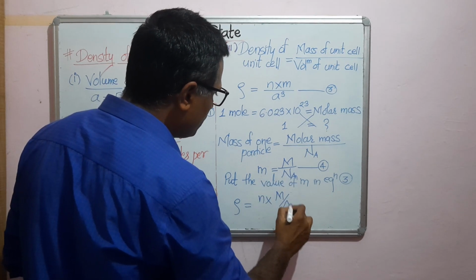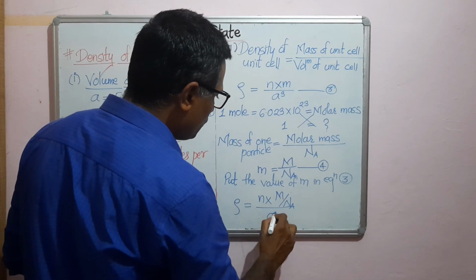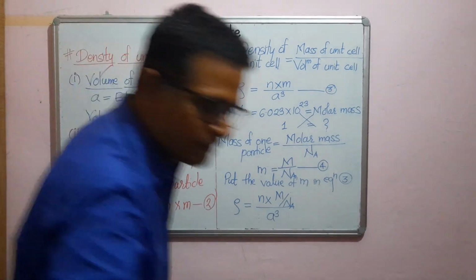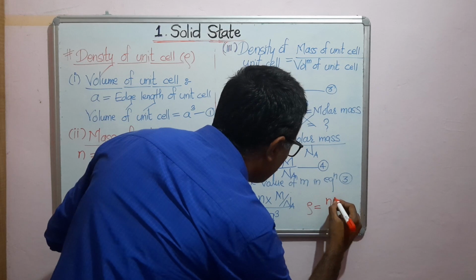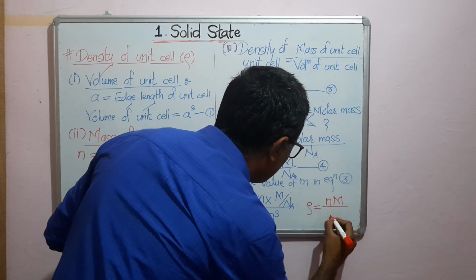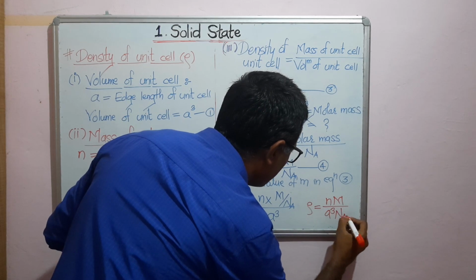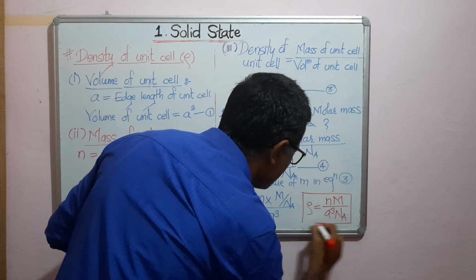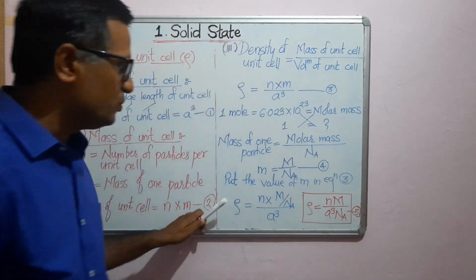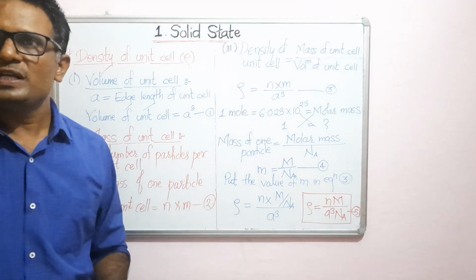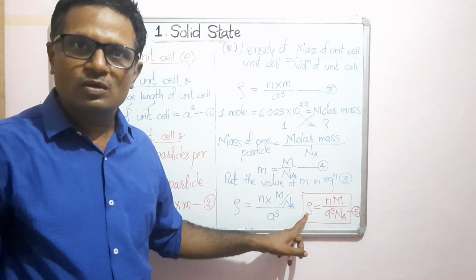M upon Na, upon a cube. Finally, rho is equal to n into M upon a cube into Na. This is a very, very important equation to solve problems. This is equation number 5, with the help of which we can find the density of any substance like copper, silver or gold.